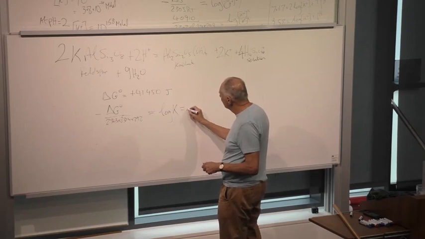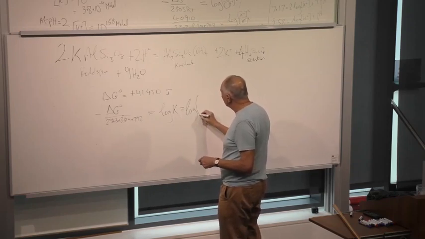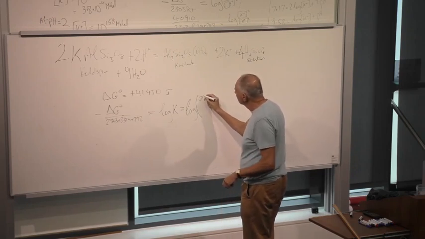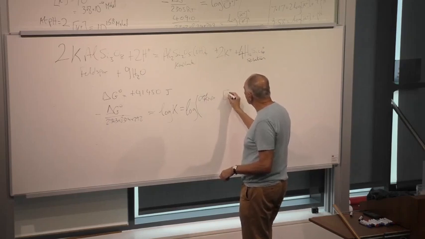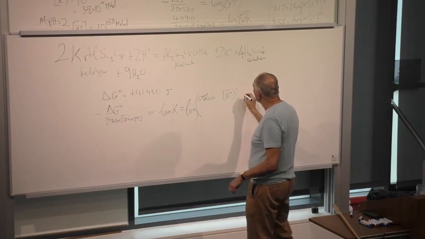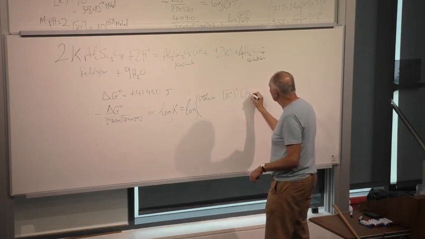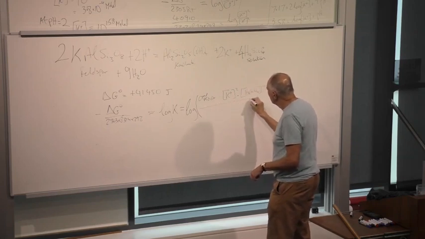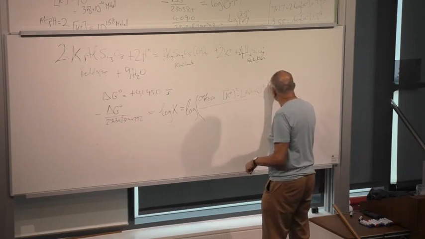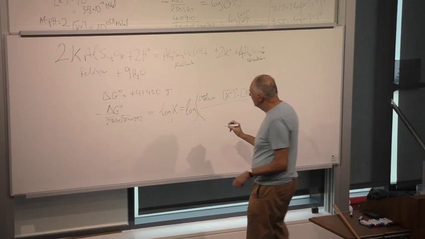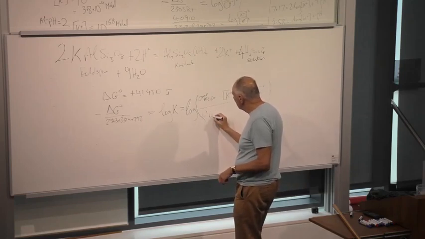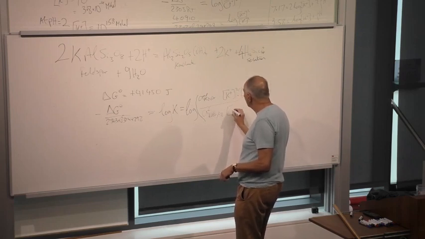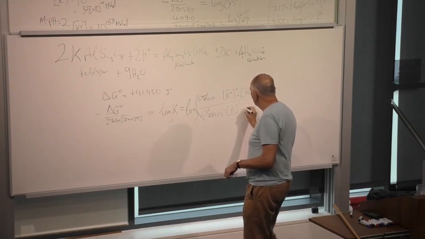We'll write this out: the activity of this kaolinite beastie times K plus squared times H4SiO4 to the fourth power, divided by the activity of the K feldspar, H plus squared, and the activity of water to the ninth.